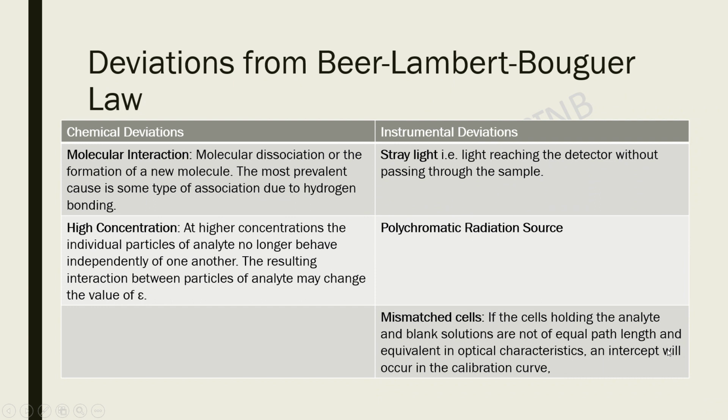Instrumental deviations include stray light, that is, light reaching the detector without passing through the sample. It can happen if you open the compartment while the process is going on, and the light of the room will enter the detector.